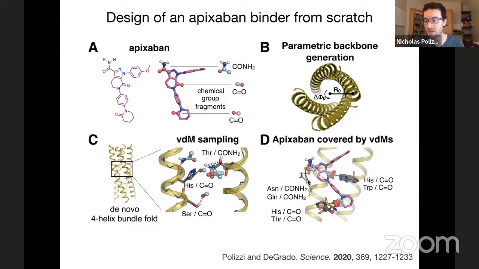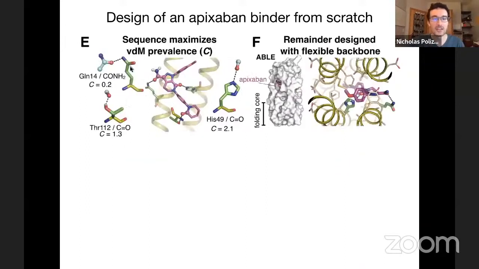These are all the interactions derived from Vandemers. And so I have this potential binding site that I get from this algorithm. I then choose which residues I want among that set, and the way I choose is just to maximize the prevalence in the PDB, which ones are used by proteins the most.